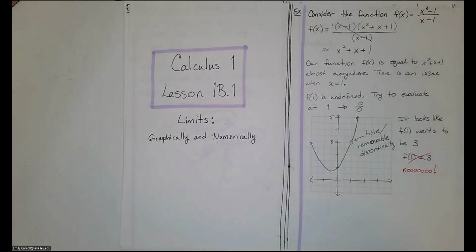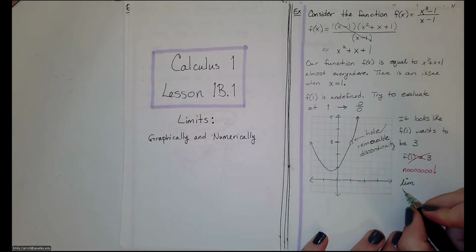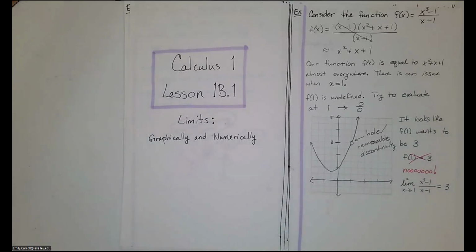What we do get to say is that the limit as x approaches 1 of our f of x is equal to 3. So the function doesn't exist, it's undefined at 1, but the limit as it approaches is going to be equal to 3.